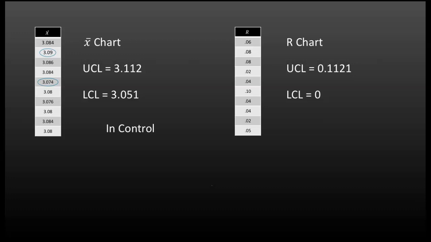Now, looking over at the R chart, our upper control limit is 0.1121. Our lower control limit is 0. We need to make sure that all of these ranges are within those two limits. So the biggest range that we had was 0.10, and the smallest was 0.02. Once again, we are within those limits, so we are in control.